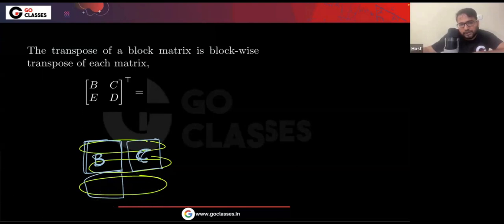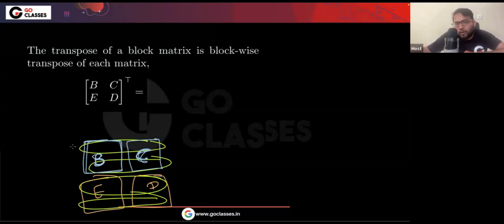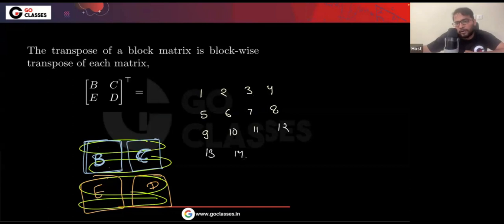Now, if you take the transpose of this, all of these rows, 1, 2, 3, 4, will become columns, right? So basically, let's suppose this is 1, 2, 3, 4, then 5, 6, 7, 8, then 9, 10, 11, 12, then 13, 14, 15, 16. Let's suppose this is our matrix.